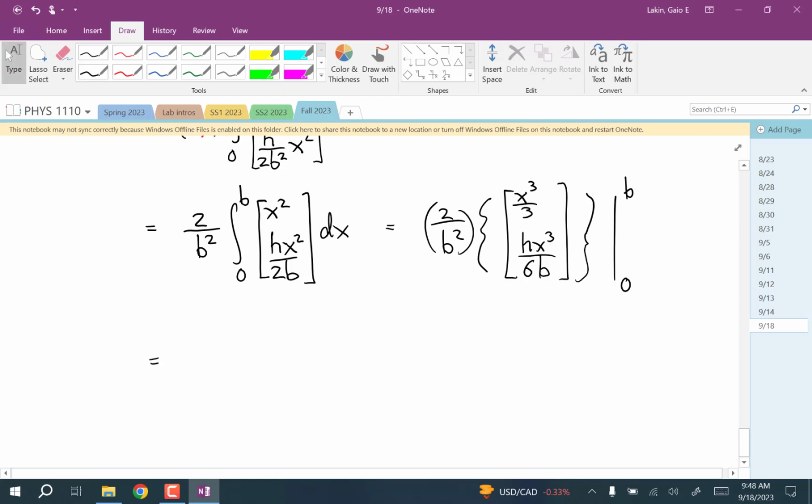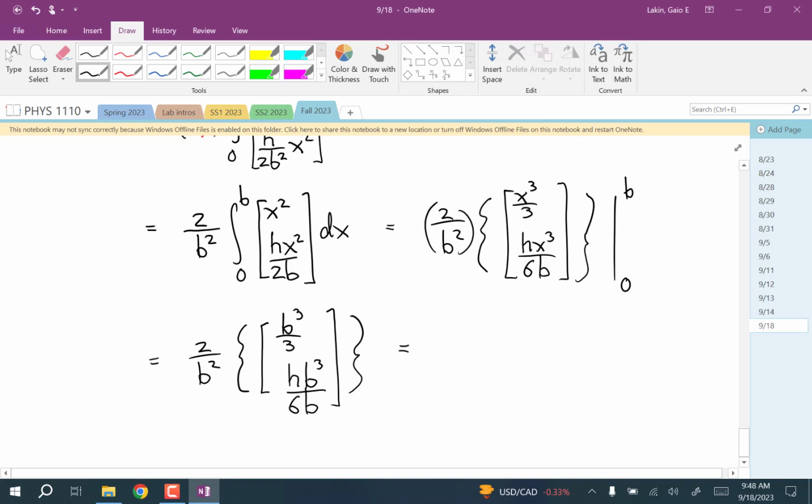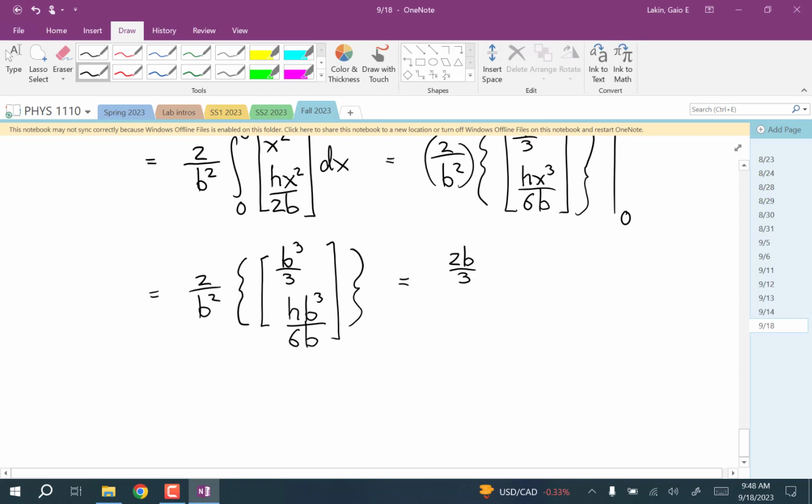And so we get 2 over b squared times b cubed over 3 and h b cubed over 6b. And that is 2b over 3 and h over 3.